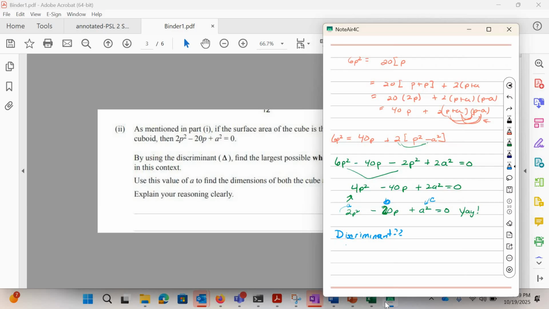And if you remember the quadratic formula, this a over here in blue is not the same as the a in green. The solution to an equation like this, where p is your x, is given by negative b.